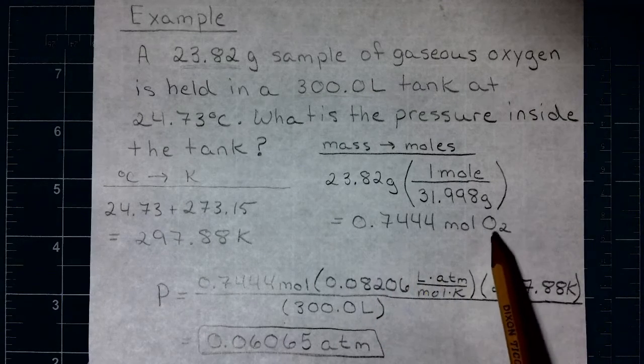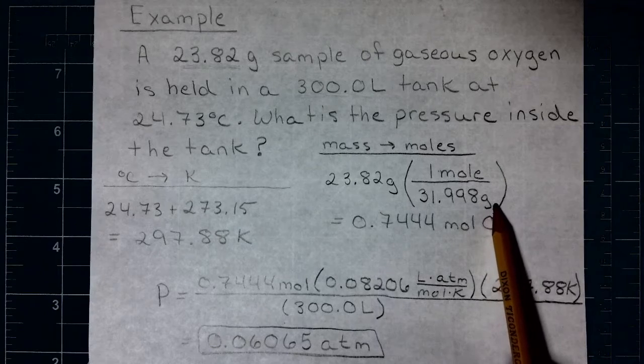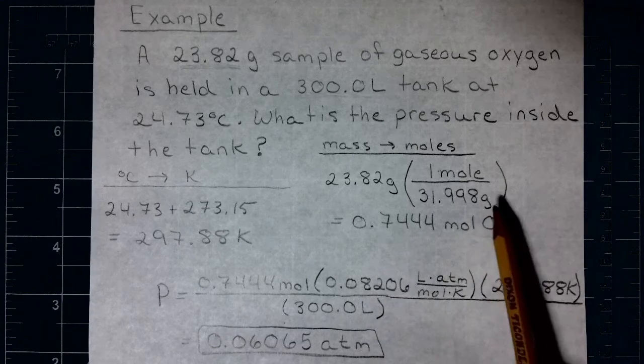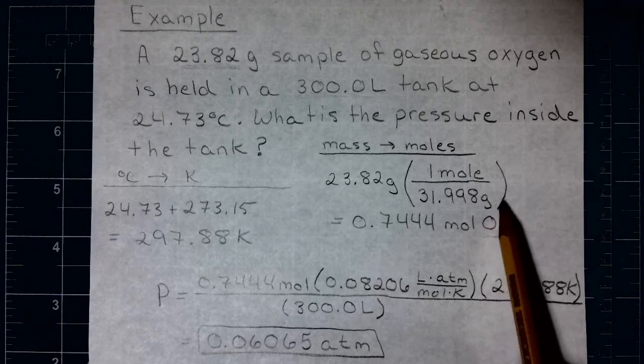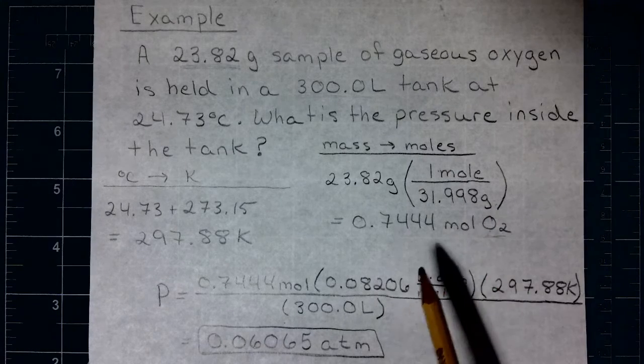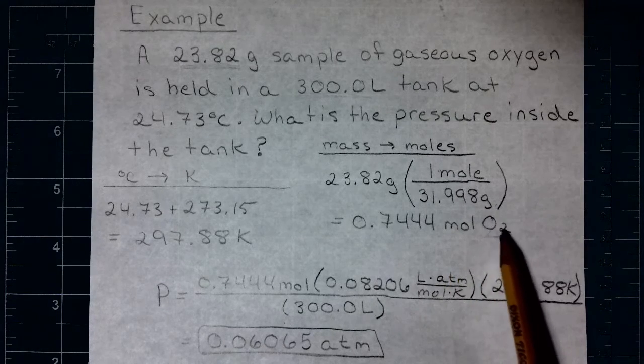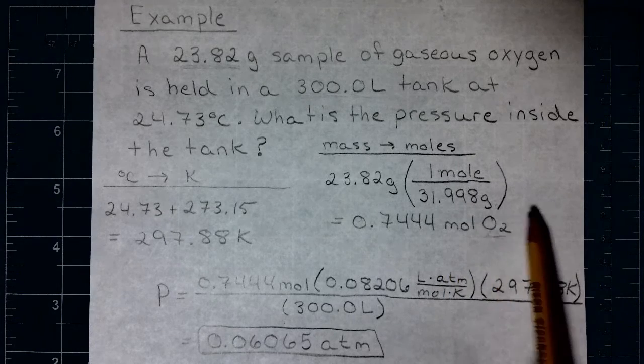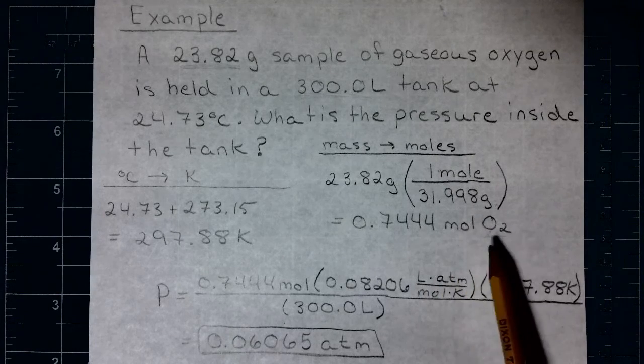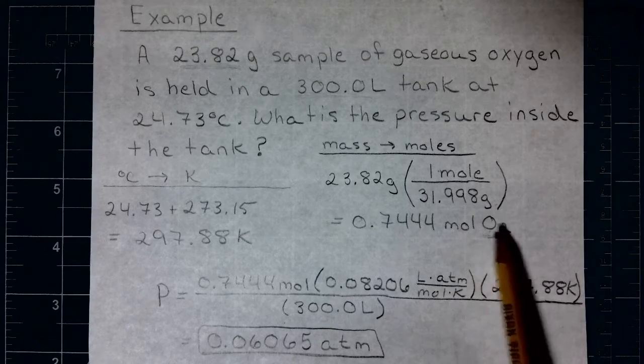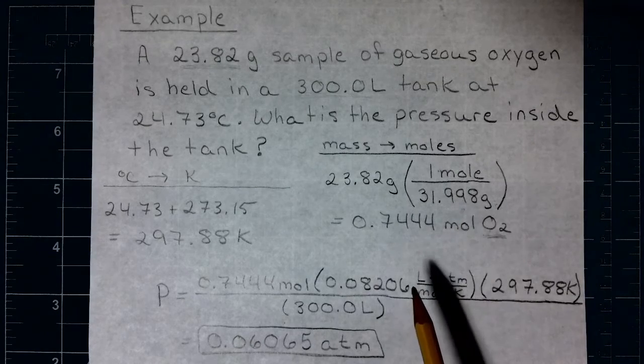It's important to note that when you're dealing with molecules, you do need to use their formula mass here. You would not use, say, just the atomic mass of oxygen, because it is the O2 molecule that is moving around and participating as a gas. It needs to stay together, and we're going to use the formula mass.